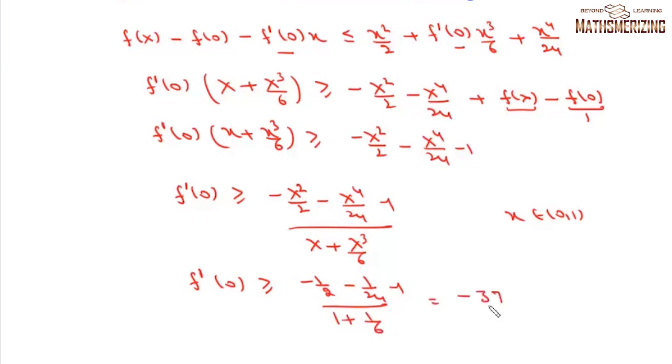So it will be minus 37 upon 28, which is nearly minus 1.32. So from here we can say this f'(0) will be greater than or equal to minus root 2, and that is the answer to this question.